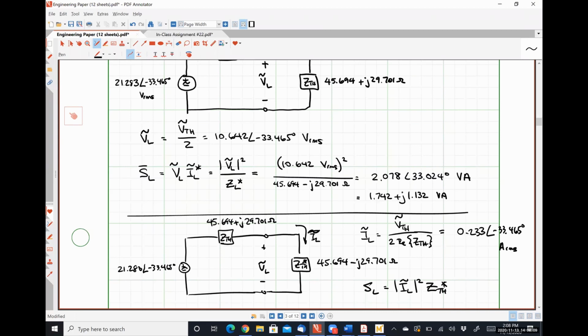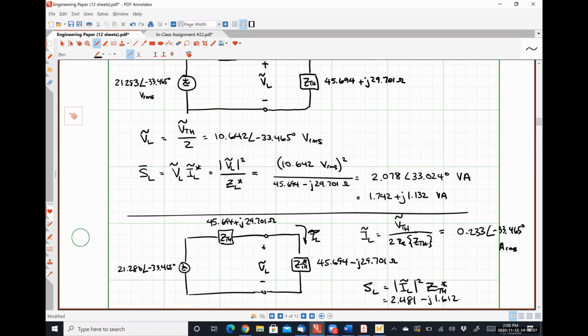So that's 0.233 amps quantity squared times 45.694 minus J29.701. I get 2.481 minus J1.612.